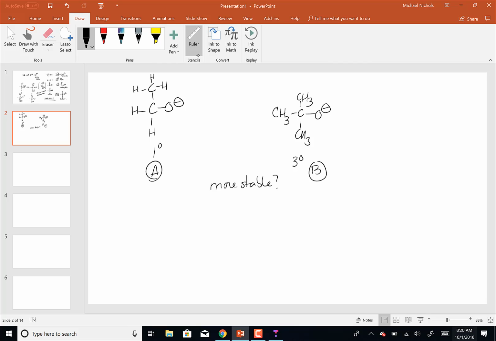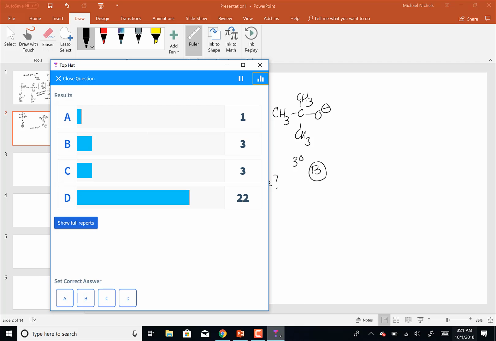So can I spread it out here? There's no other resonance structures for this. So I'm going to have to pull electron density out of that oxygen. So which one of these do you think is more stable? A or B? And let's just go ahead and vote on that.